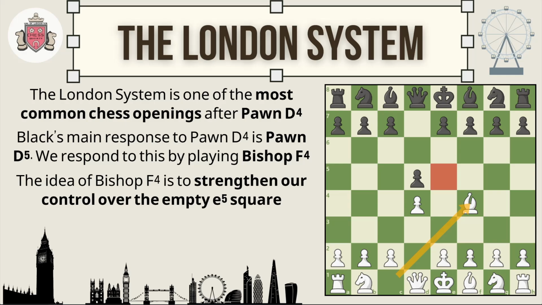The whole point of bishop f4 is to control this e5 square. Whoever has control of the center in the opening pretty much is better, and the London system takes advantage of that and tries to get as much control of the center as possible. Essentially the move bishop f4 tries to take control over this empty e5 square.